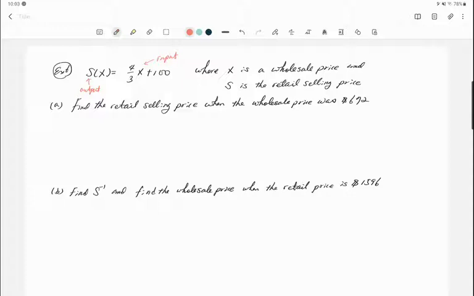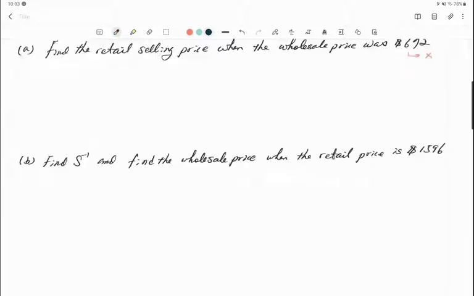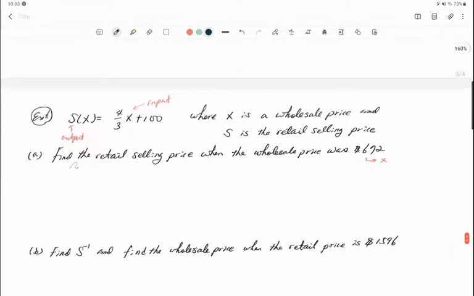All right. So letter A, find the retail price. We want to find the output when x, the wholesale price, is the input value. Then we can write it like this: S of the input, the wholesale price 672.